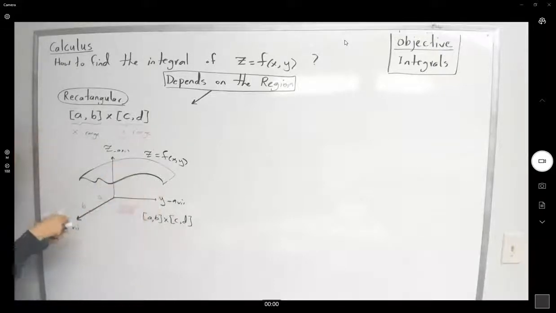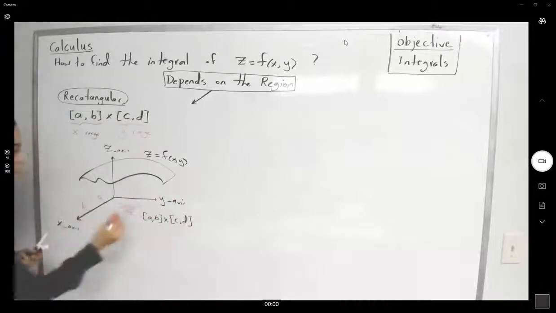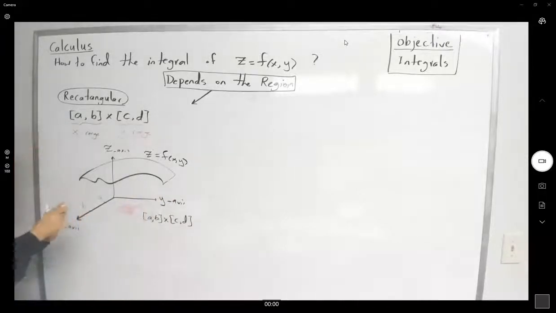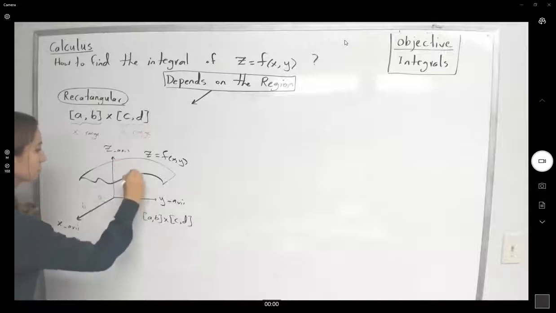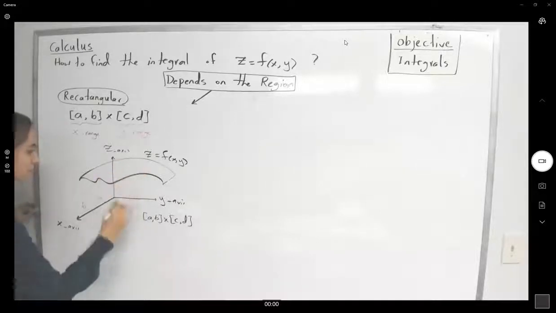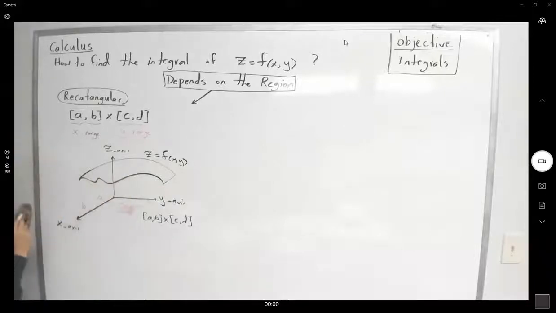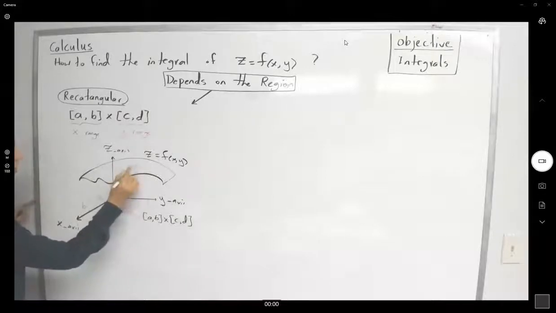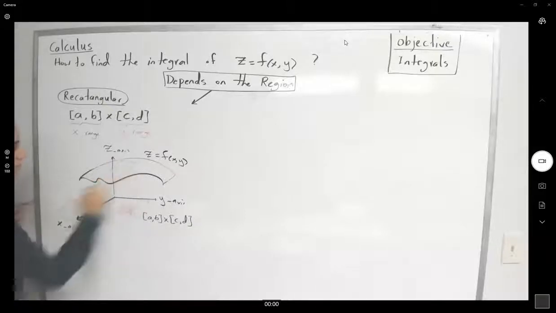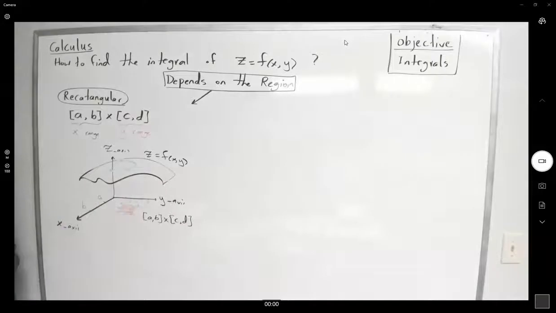So this is C and D. We are trying to find the volume between this function and this region down here. It's not exactly a straight line because here you have a surface and the behavior of the surface might be different. So we are trying to find this guy here.